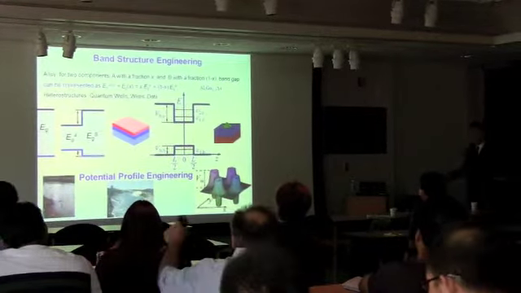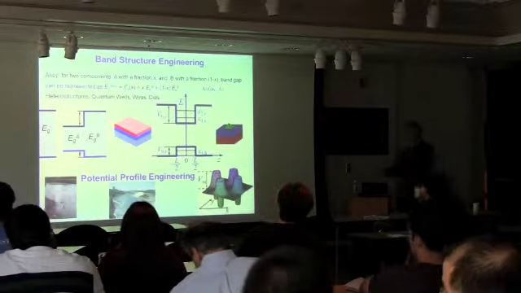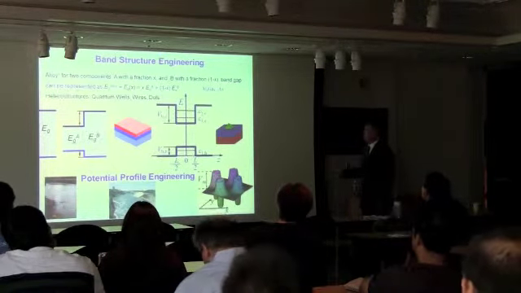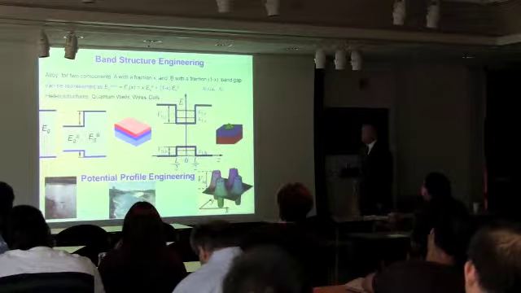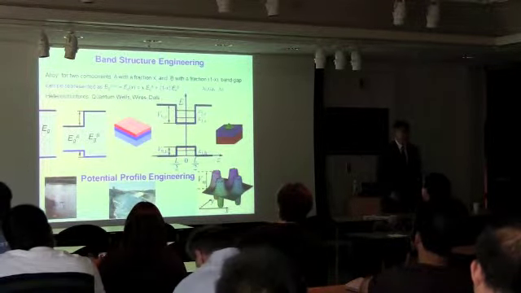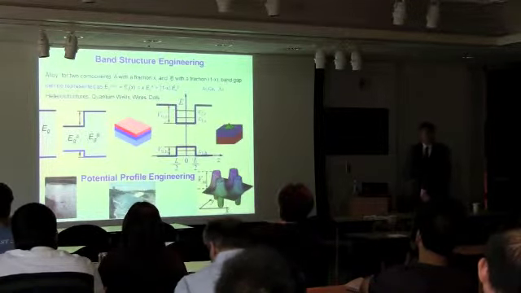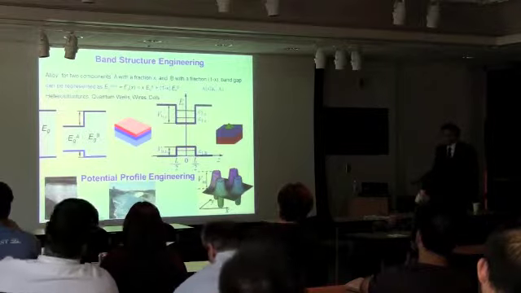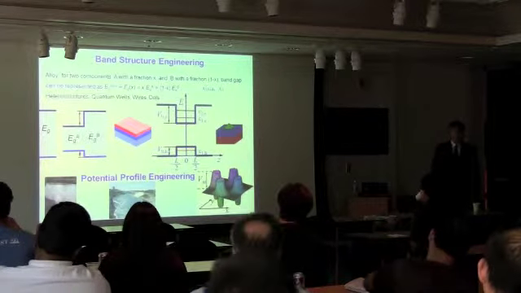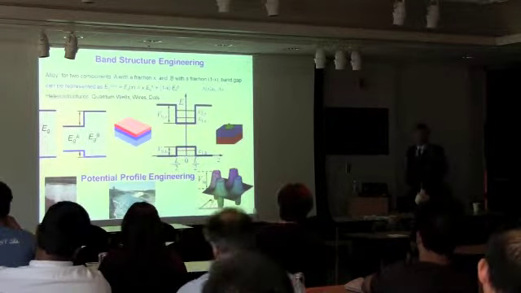You have wider and narrower gaps. The advantage is that an electron will go here, because the energy for electrons is smaller there, and holes will go there, because the energy is smaller. It is possible to do different combinations. I can move this down so that the electron will be in one material and the hole in another.